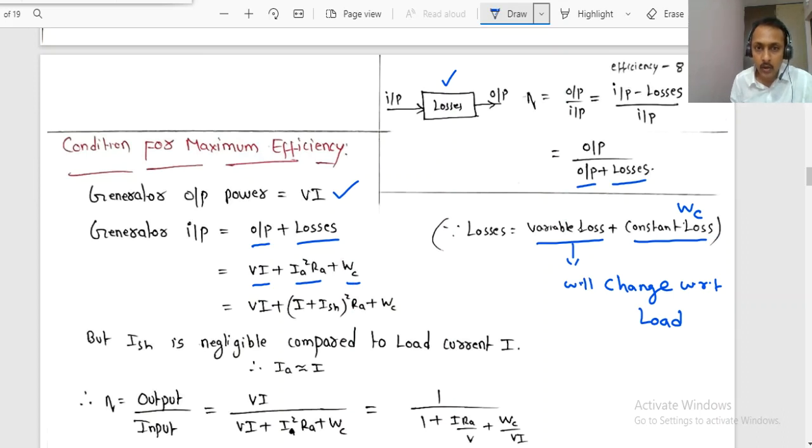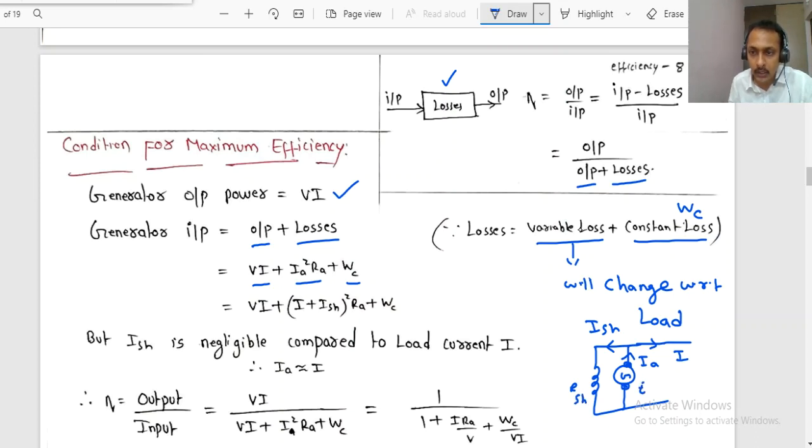But what about armature current? For a shunt machine, if you observe, this is a shunt field winding, this is the armature, and this is the generated current. Ia equals the current drawn by the load I plus some amount of current that goes to the field winding, Ish. If you recollect, this is the generator, armature winding, armature resistance, and shunt field resistance Rsh.